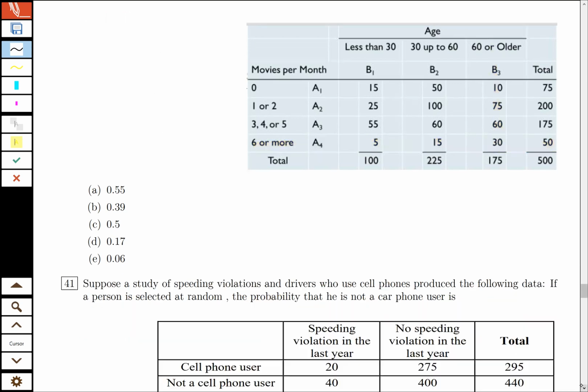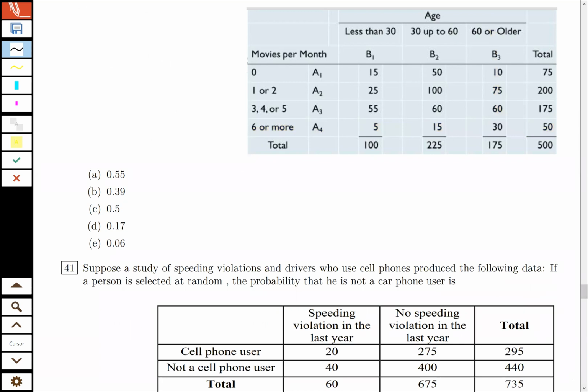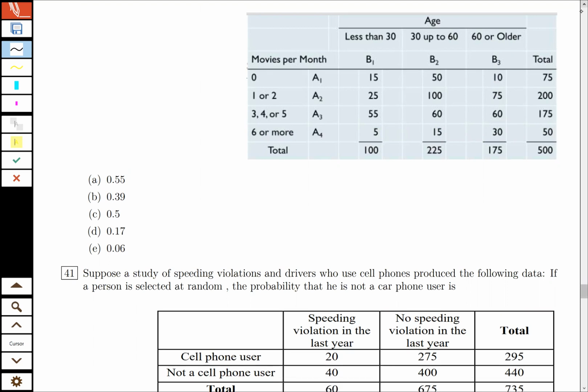So let's solve our question. Here he wants the probability of 60 and 6 movies. That's question number 46. Probability of 60, what's the event of 60?